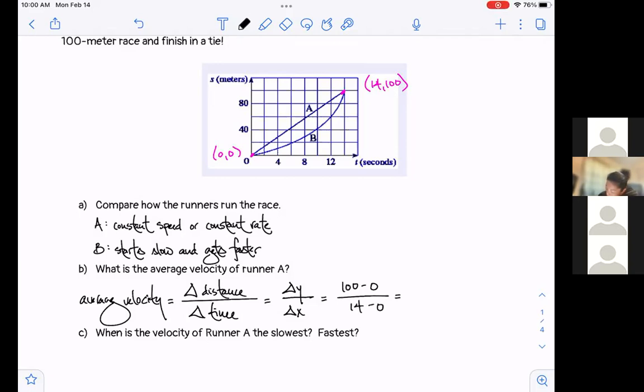I think we can reduce that to give us 50 over 7. And the units here would be meters per second. This gives us the slope of that line.